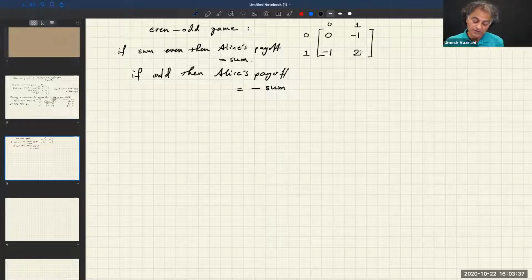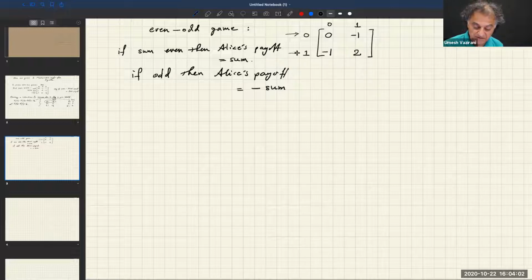Okay. So now, again, if Alice moves first, what should she do? Well, if she picks 0, then Bob would obviously pick a 1, and he'd win 1.